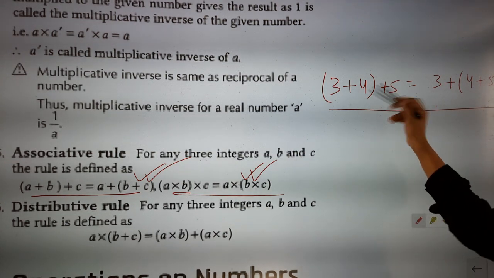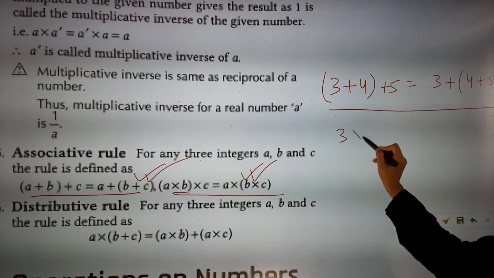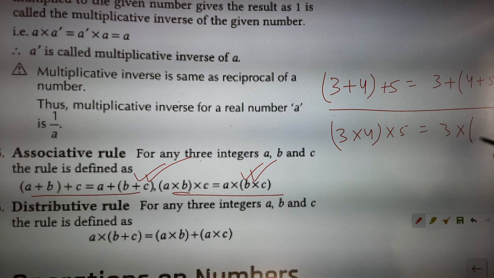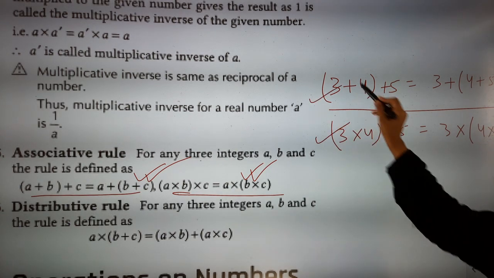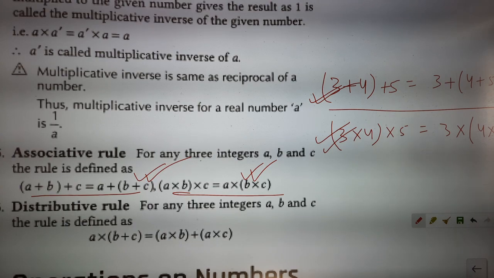When you add, you get the same number 12 on this side and that side. Another is associativity with respect to multiplication. In multiplication also, (3 into 4) into 5 equals 3 into (4 into 5).